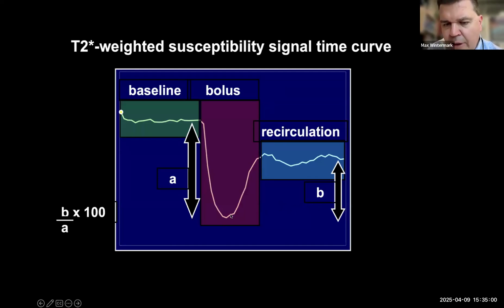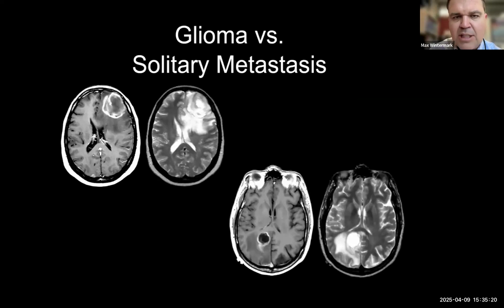And so that's another useful piece of information. So again, you get some information about the cerebral blood volume and you get some information also about the blood-brain barrier, from that dynamic susceptibility contrast, that DSC perfusion imaging.